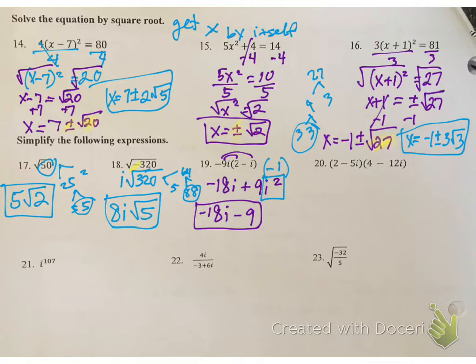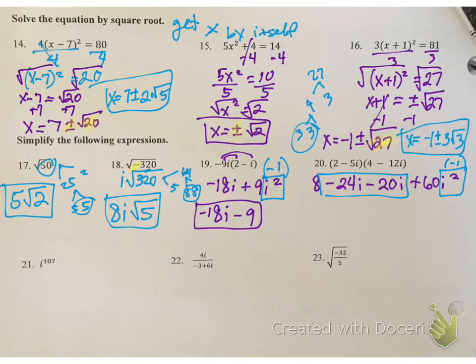So when I FOIL this out, I get 8 minus 24i minus 20i plus 60i squared. First thing I do is I change this i squared to a -1, and I can combine my like terms. So I'm going to do this all in one step.